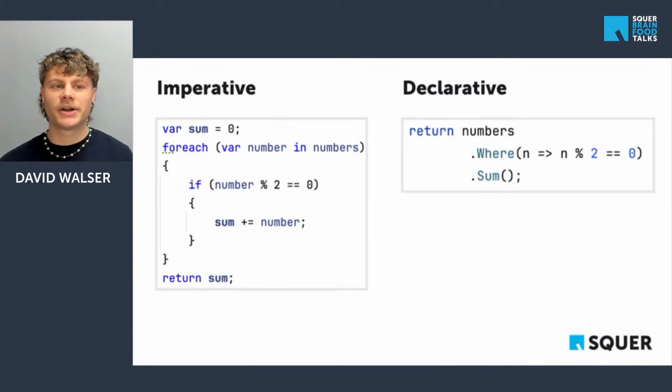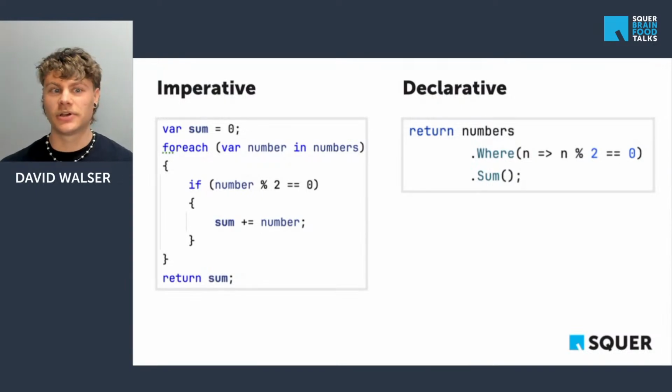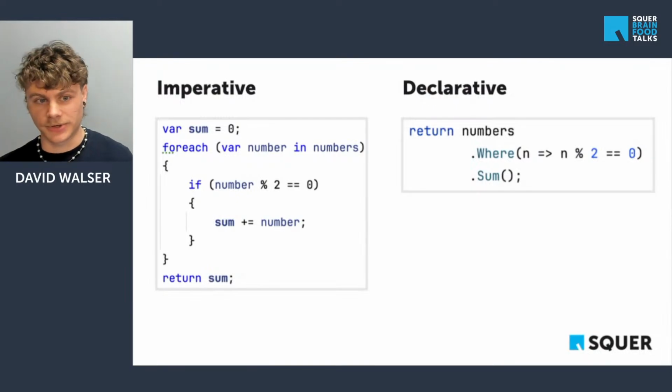So on the imperative side, we see it's really more about the how something is done. We have here a short example about a list of numbers and we want to have the sum of all numbers that are even. So in the imperative side, we have the for each number in numbers.